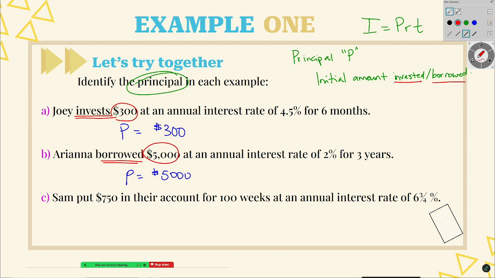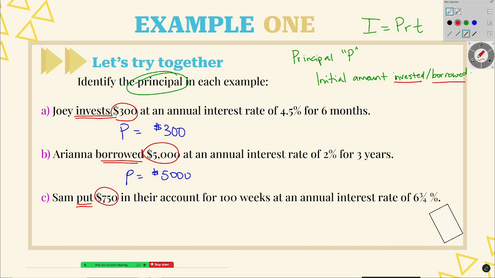Sam put $750 in their account for 100 weeks at an annual interest rate of 6 3/4%. That means that they are putting money in. They are investing. They are putting in $750.